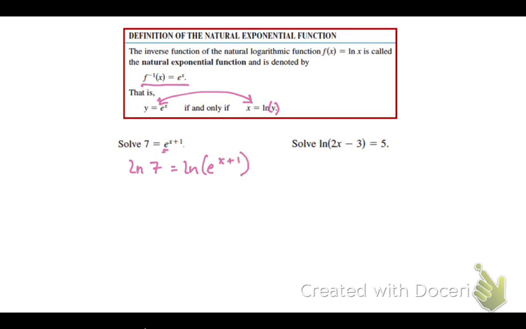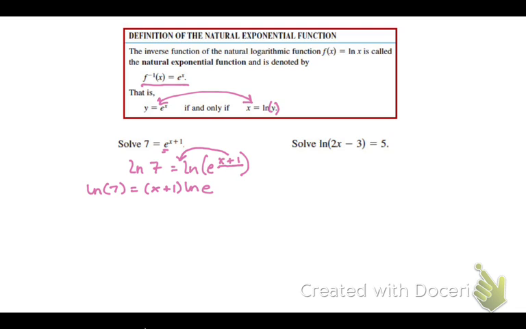Now our logarithmic rules say an exponent goes where? Into the front. So we have the natural log of 7 equals x plus 1, the natural log of e. Now, those parentheses around that x plus 1 are pretty important because that is one thing at that point, correct? Now, what is the natural log of e?